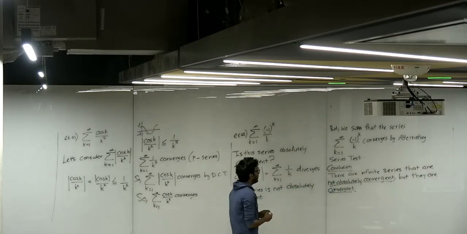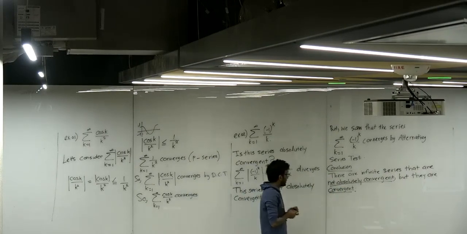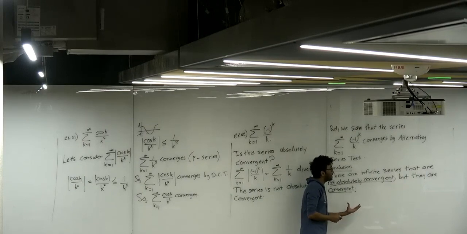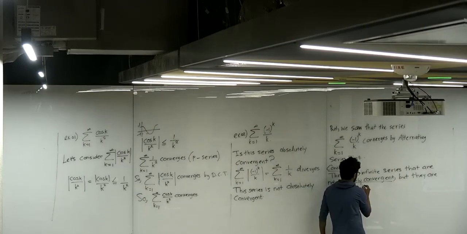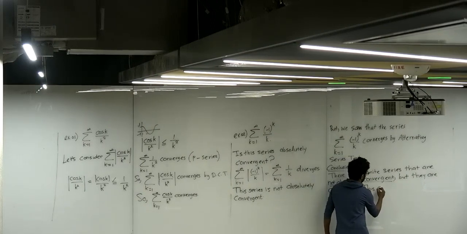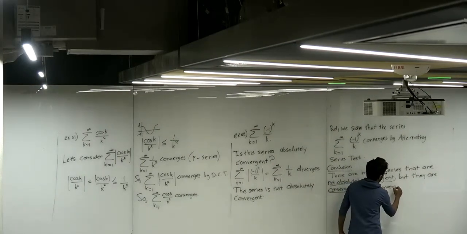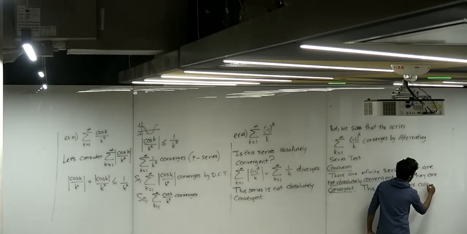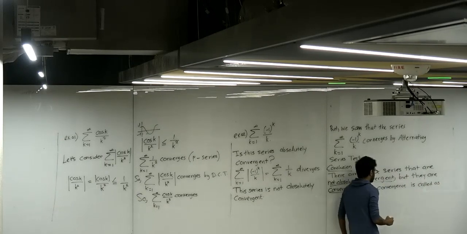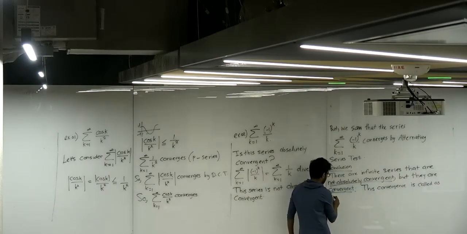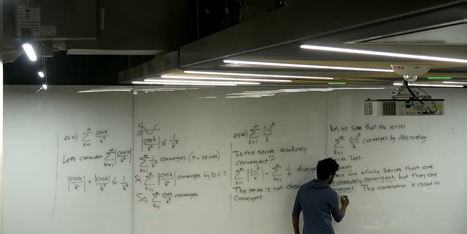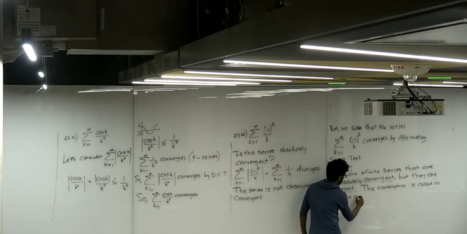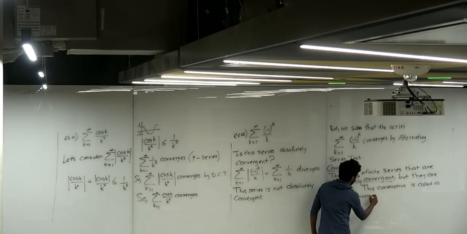Okay. So we call this type of series conditional convergence, right? This convergence is called conditional convergence. Okay. So that is another definition.